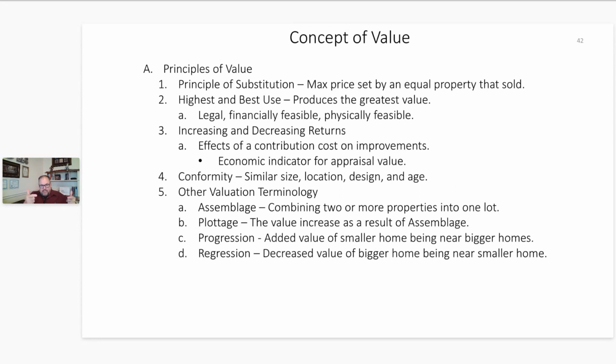When I sell it, if the value of that 1 acre exceeds the value of the 2 independent half acres, that's called plottage. Okay. So if they're 50,000 each, I sold them, I'd get 100,000. If I resurveyed it, put it together as a 1 acre lot and sold it for 200,000, then I've made 100,000 above. If I would have sold them individually, that's called plottage. That's the increase in value by assembling them together.